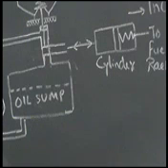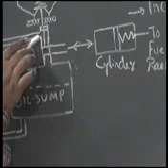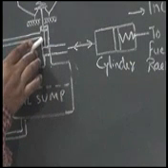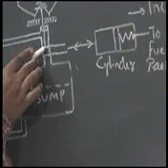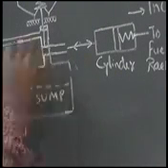So here what happens? The oil from the sump is taken and given to this. It is always available at this point from the upper side of the pilot valve.